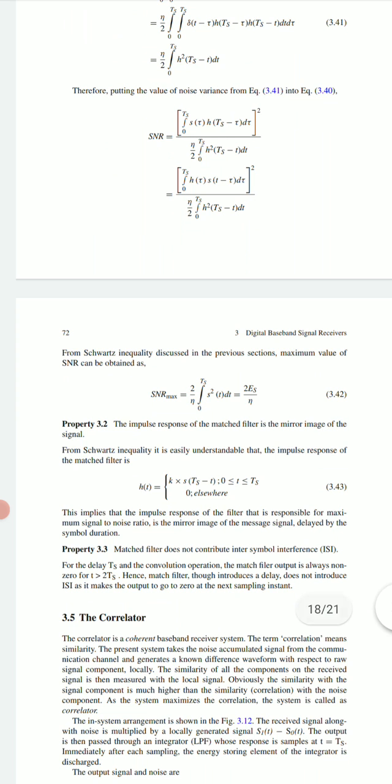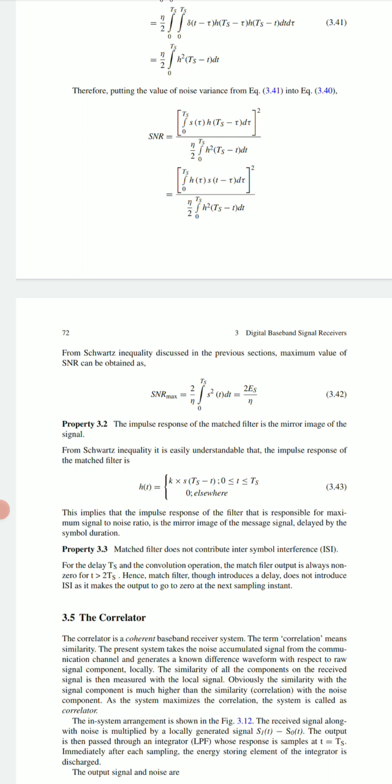Now the second property of the matched filter: the impulse response of the matched filter is the mirror image of the signal. From the Schwarz inequality, it is easy to understand that the impulse response of the matched filter is h(t) = k s(Ts - t) for t between 0 and Ts, and 0 otherwise.